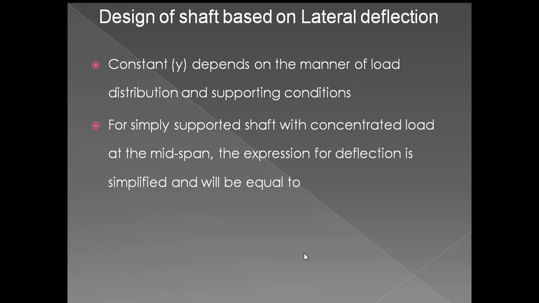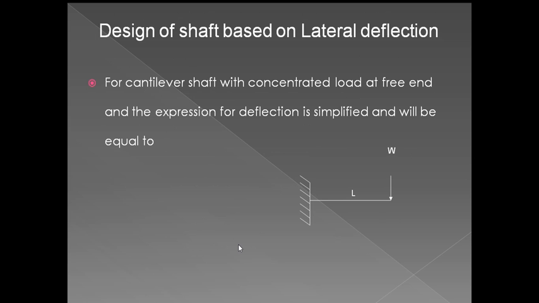Here the constant value will change depending on the support system and manner of load distribution. If it is simply supported with concentrated load at center, then y equals WL cube by 48 EI. 1 by 48 is the constant here. For a cantilever shaft with the load at the free end, the deflection is y equal to WL cube by 3 EI.